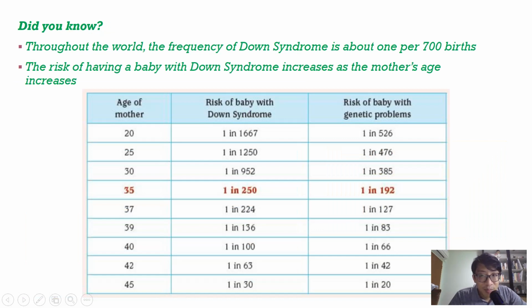Okay, so there's quite a high frequency of Down syndrome actually in the world, and from studies, the Down syndrome probability would increase greatly once the mother hits the age of 35.